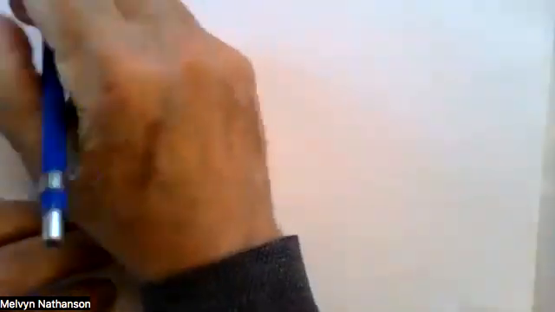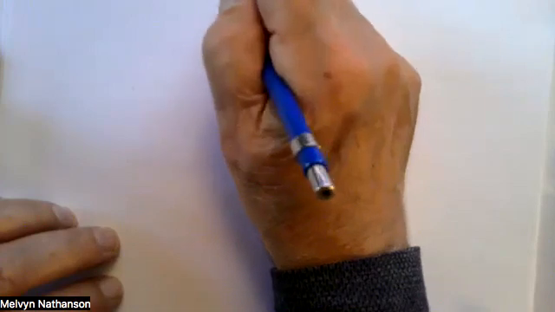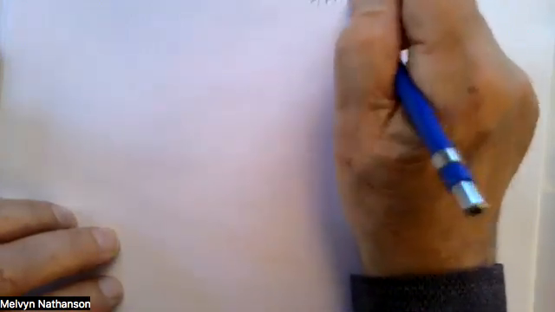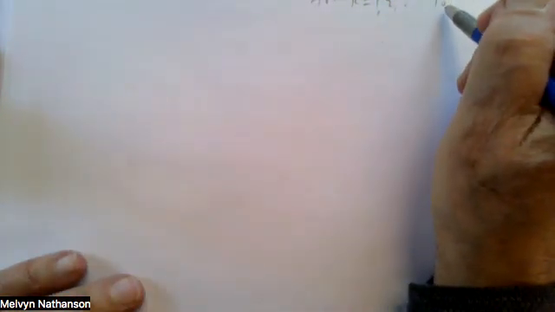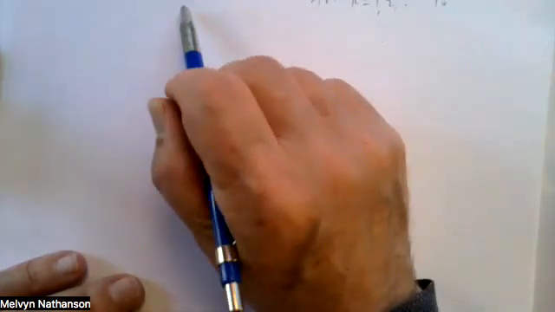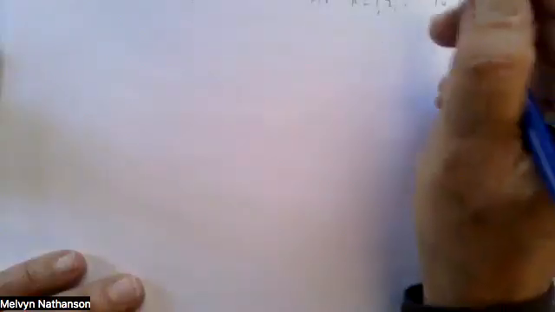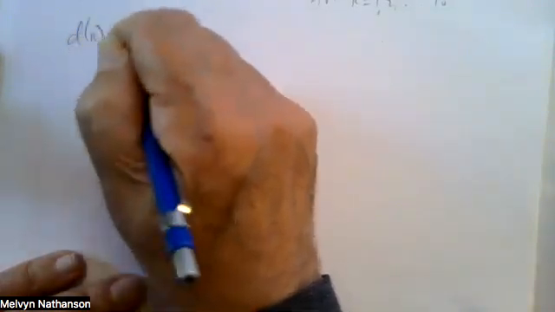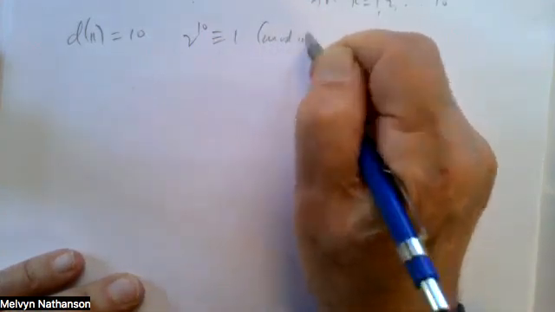What that means is you want to compute what 2 to the k is congruent to mod 11 for k, just start with 1 and keep going until you get a 1. You want to find the smallest k such that 2 to the k is congruent to 1 mod 11. Phi of 11 is equal to 10, so 2 to the 10 is certainly congruent to 1 mod 11, but maybe a smaller power is.